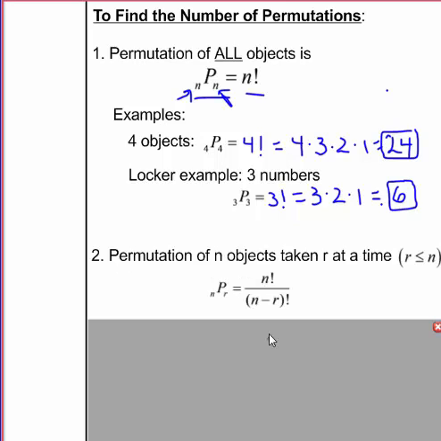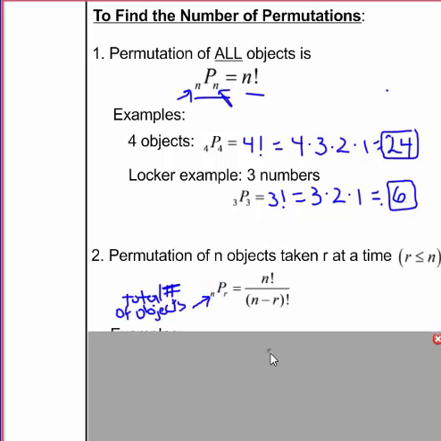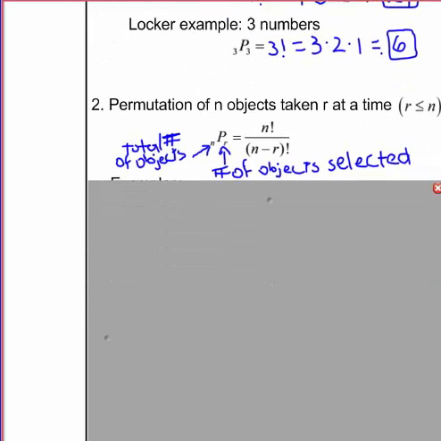So our notation, n is the total number of objects, r is the number of objects you are selecting, and then the formula to calculate that permutation would be n factorial on top, and then you divide by n minus r factorial on bottom. So first you subtract n minus r, and then whatever number you get, you're going to do the factorial of that number. So let's look at an example.